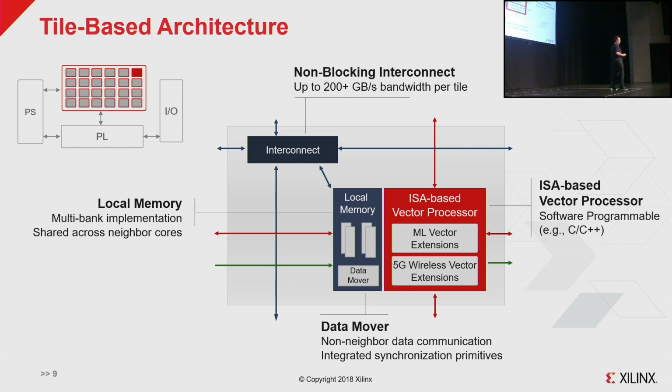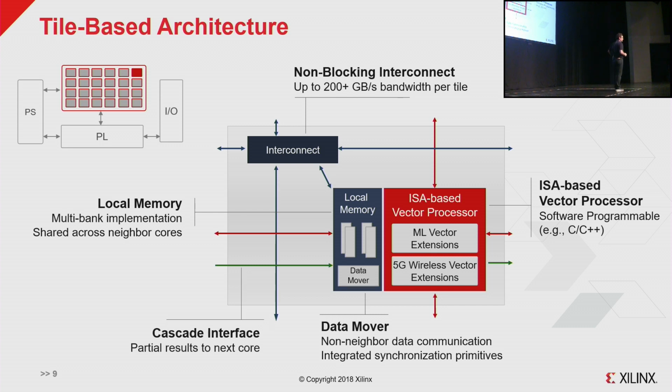Integrated into the data memory, there is a data mover. That's basically to help us do compute and communication in parallel. So while the processor is computing, we can move the data through a DMA. This can be used to interface to non-neighbor cores, for non-neighbor data communication, and it has integrated synchronization primitives.